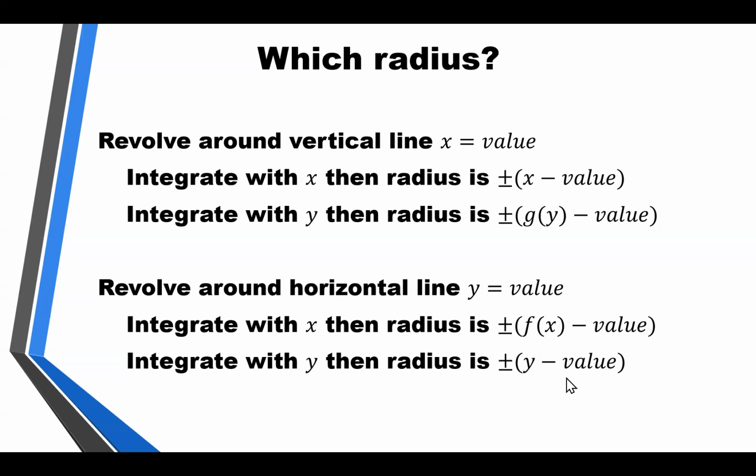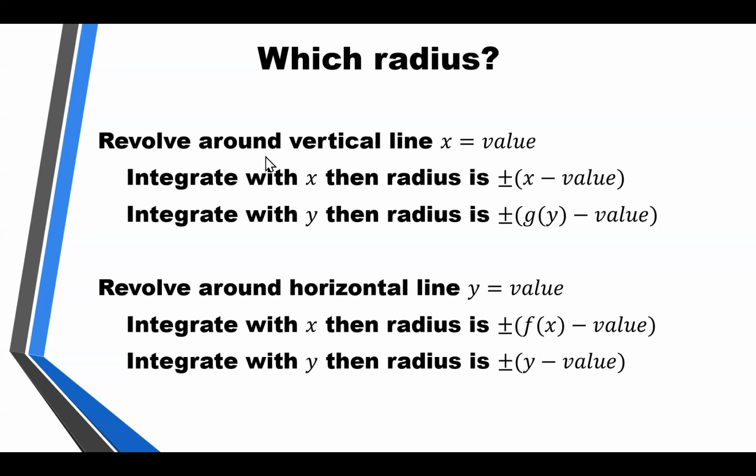So that's what we get, and that's how we end up with what we do. This is a quick reference if you need it. If you're getting thrown off by, should I use the radius with f of x minus a value or just x minus a value?